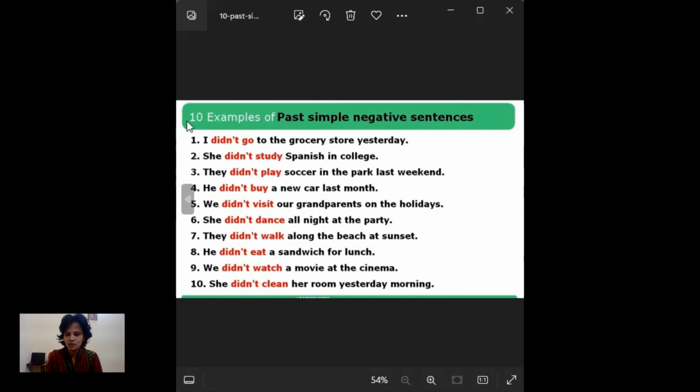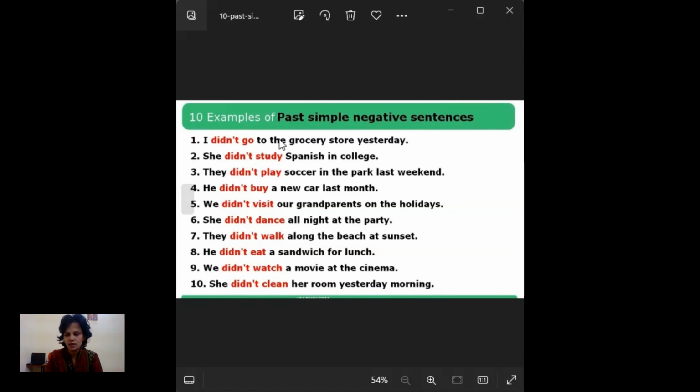What we should remember here is that we use the auxiliary verb after the subject, then not, did not, and the verb form. These are all base verb forms: go, study, play. When it's negative, we should remember not to say I didn't went.